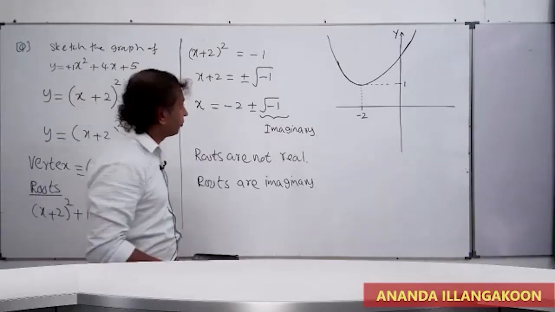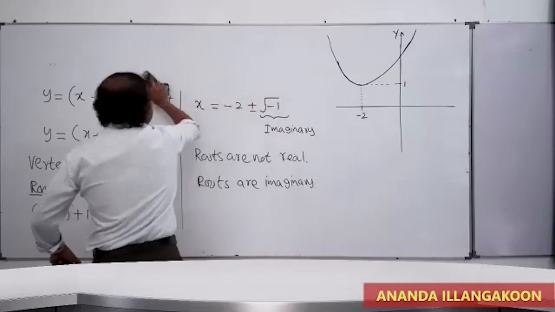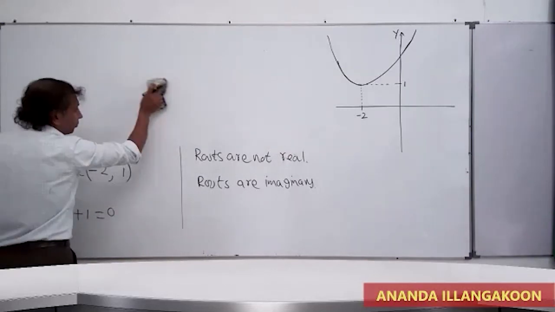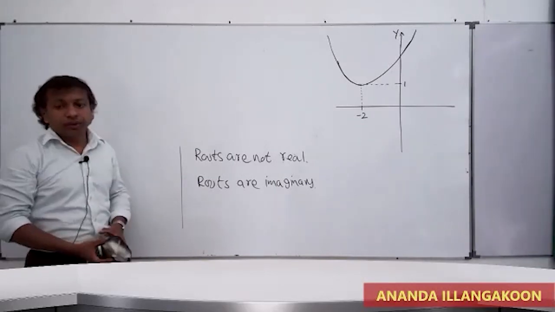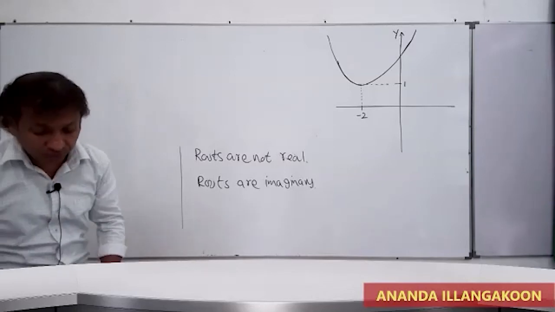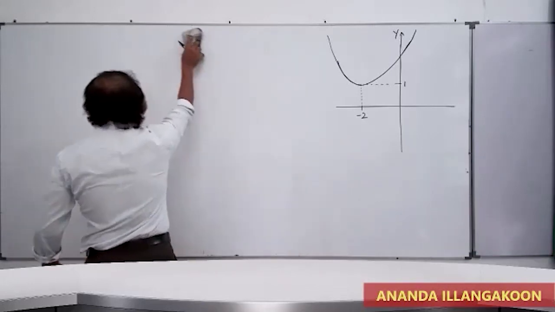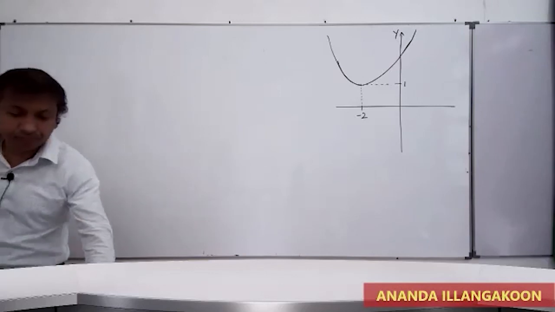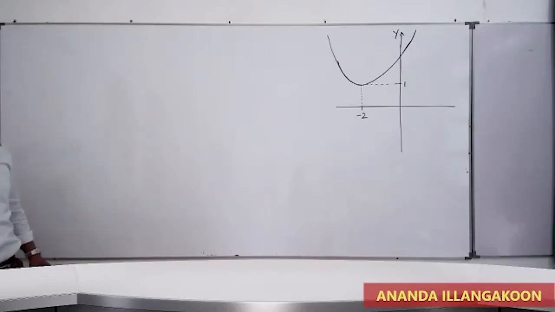Write down under that: for maximum graphs, the three types of roots can be shown by the graphs as follows.